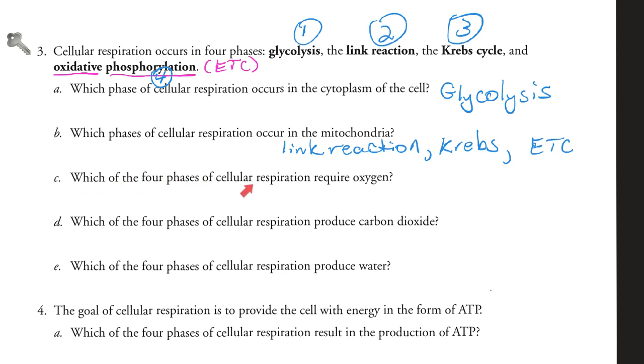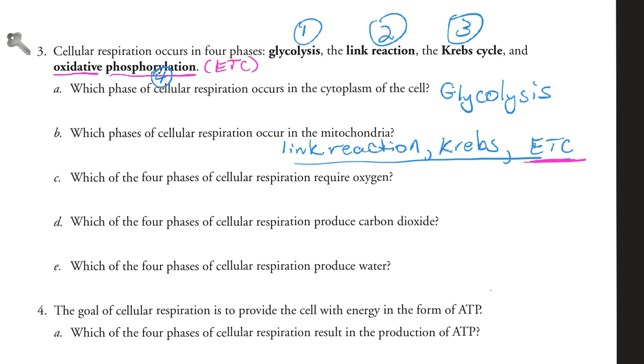Which of the 4 phases of cellular respiration require oxygen? Of these 4, which is the only one that requires oxygen directly? That's right. It is directly ETC, but indirectly it would be all 3 of these. So this one's the one that actually uses the oxygen. But if you don't have oxygen for this one, then the whole chain stops. Everything stops.